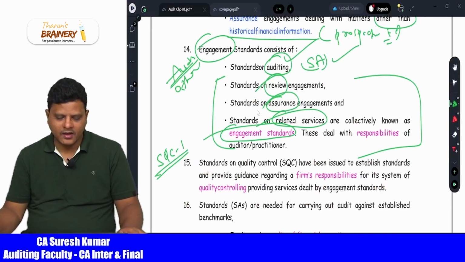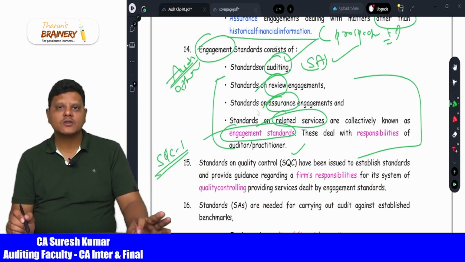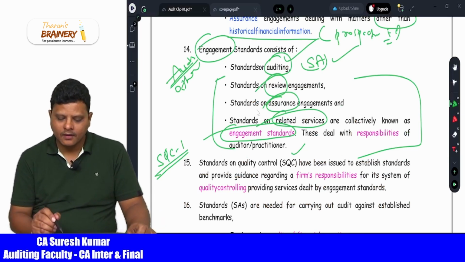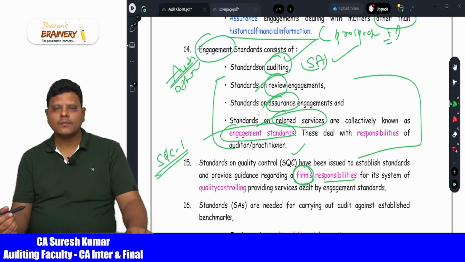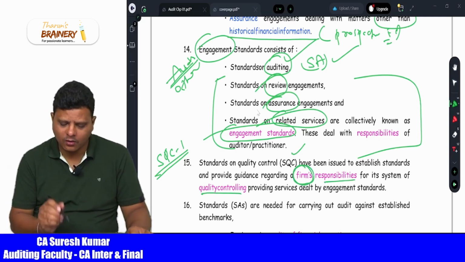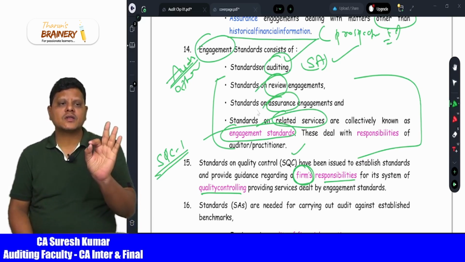Now, a one-line summary of the entire discussion. SQC1 is issued by the Institute, which talks about whose responsibilities? The firm's responsibilities only, to maintain what? Quality controls. So the point to be noted here is that the SQC1 standard is applicable only to CA firms.